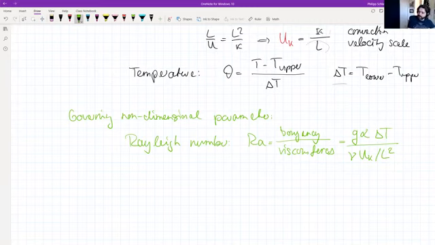If you now check the dimensions of this, you will see that in the end this is a non-dimensional number. And as I said, this represents buoyancy divided by viscous forces.